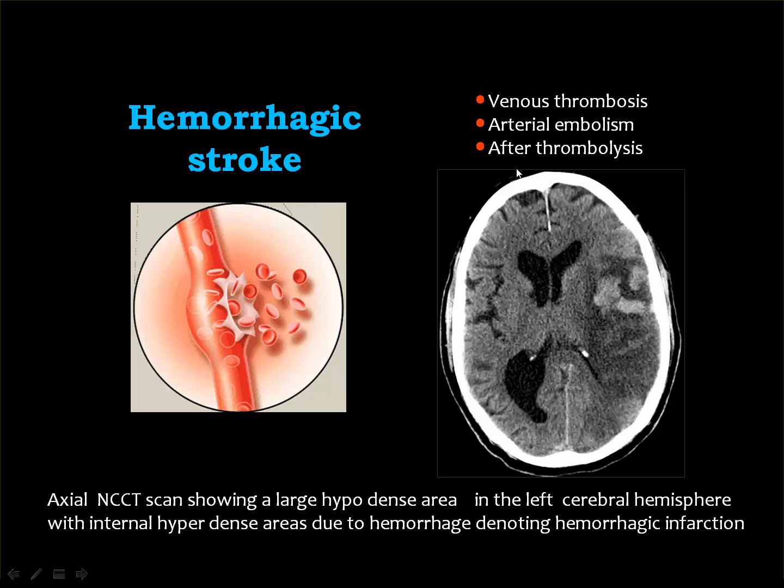And sometimes if you give thrombolytic material and the thrombosed vessels, the wall is very diseased, is very weak, then after the blood is coming back to the flow, then it will rupture the diseased vessel wall.